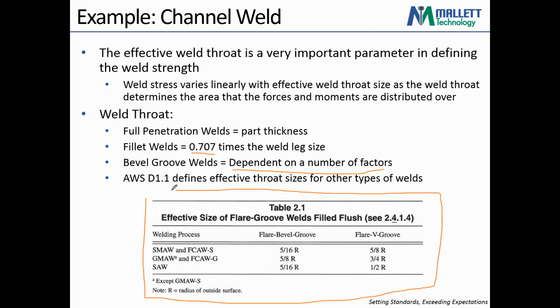This table below is just an excerpt from that standard, where depending on the weld process used, depending on what type of bevel weld it is, and the radius of the associated plates that are being welded, we can determine our effective throat size to use in our hand calc.